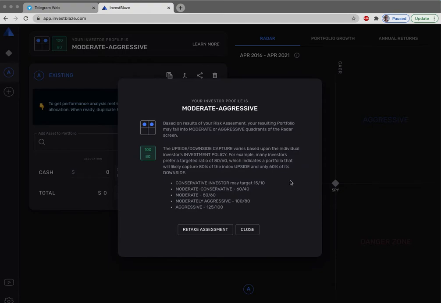It's basically saying if the market is up a certain amount, with the upside downside capture, your portfolio can be expected to go up accordingly. So in this case, you want to capture 100% of the upside with only 80% of the downside.